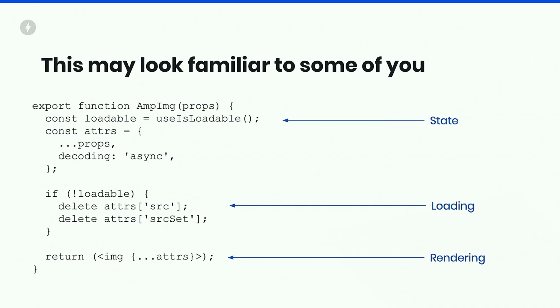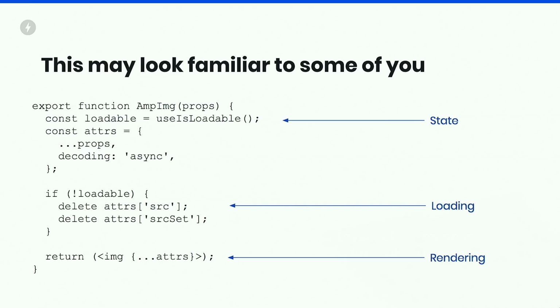If you're familiar with React, we can put all of the core logic for how a component renders, in this case an AMP image, in just a single render method. We can put the state into the render method and just return the image that we want to insert.